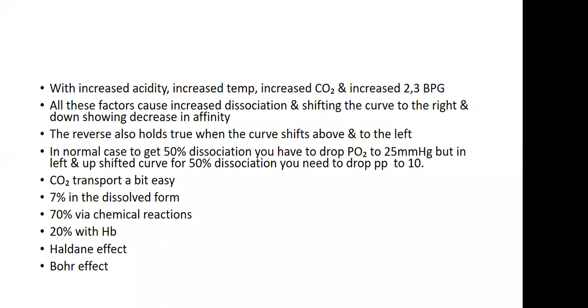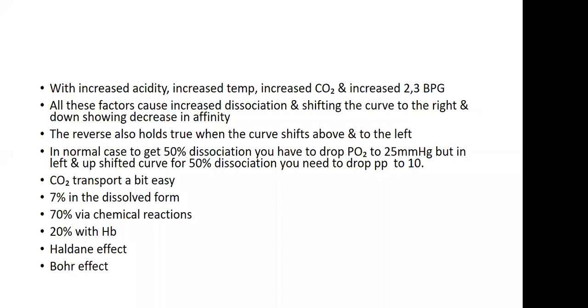It says that with increased acidity, for example, more hydrogen and proton production, increased temperature, which is because of the increased metabolism, and increased production of carbon dioxide, which means an increased amount of oxygen is used up. Instead, increased carbon dioxide is produced, and another chemical product, 2,3-BPG, is produced.